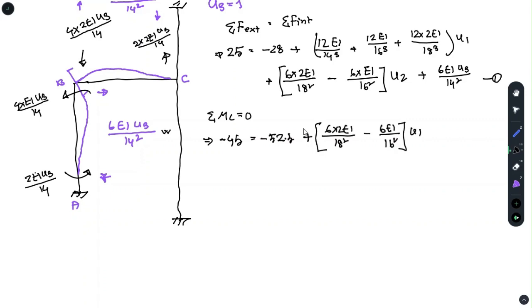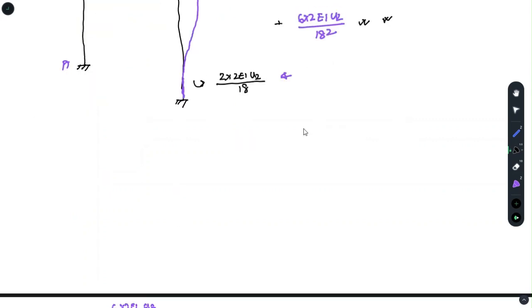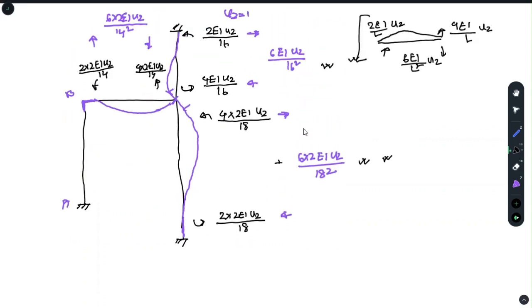We have a common DOF of U1. For U2, we have some other moments. We'll find that. So for the application of DOF U2 at point C, we have the moments. We have this moment, which is anticlockwise, hence positive.